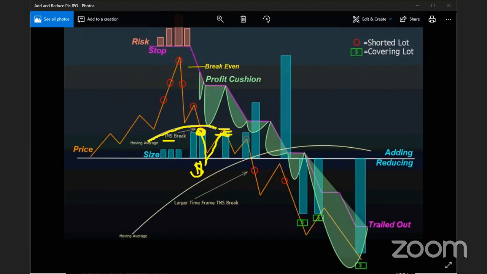So you start with 4 lots, you break, and at this point, maybe when you break, you add another 4 lots. So now you're short 8 lots, right? If it collapses in your favor, it gets a little bit oversold on like a 1 minute or a 5 minute chart, if we're day trading, for example, then I would take some profits here. Maybe you cover 3, and now you're only short 6 lots.